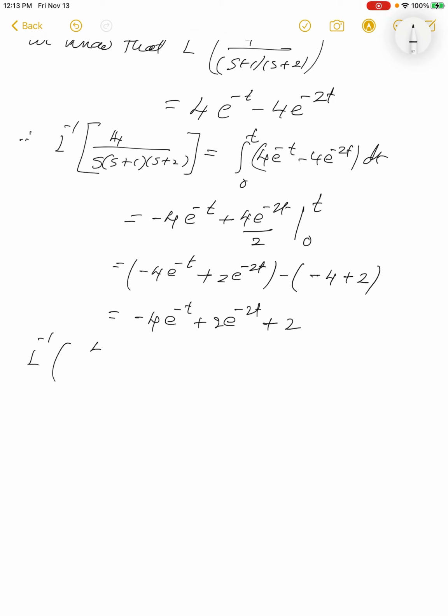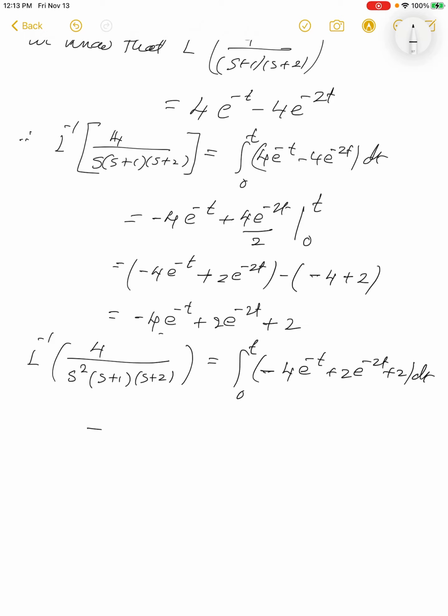So therefore L inverse of 4 over s square times s plus 1 times s plus 2 will be the integral of this expression from 0 to t: minus 4e to the minus t plus 2e to the minus 2t plus 2 dt.